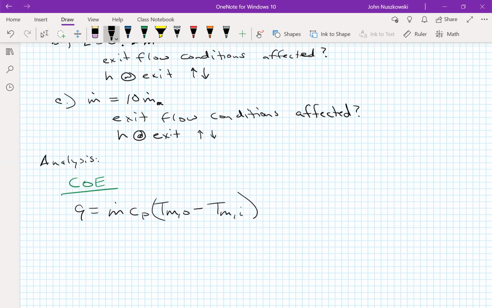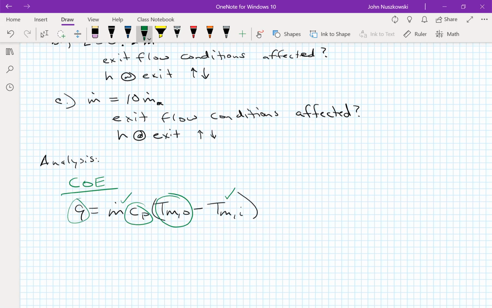So we have mass flow rate. We need to get Cp. We have our inlet. We would need to get temperature at the outlet, and also our heat is unknown.